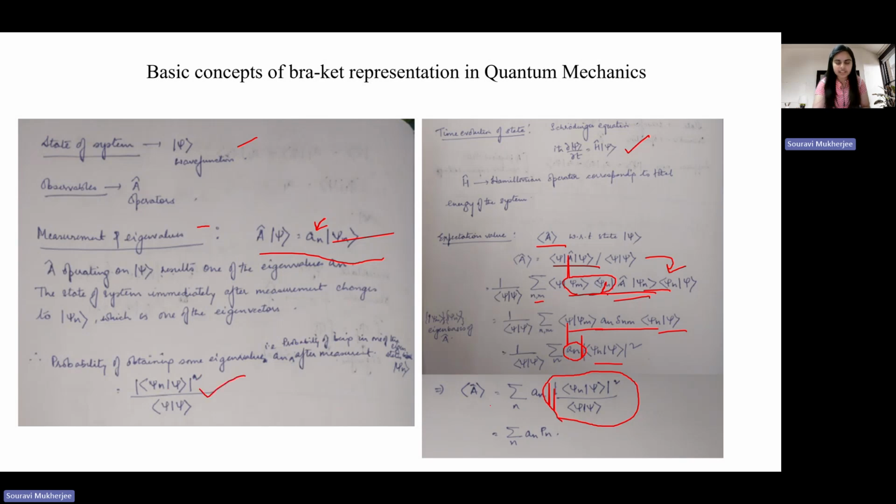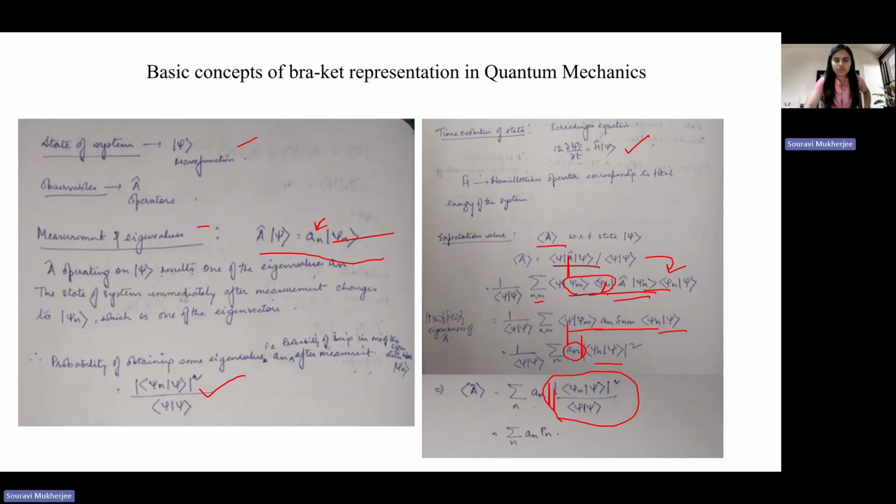So what you see from here is that when you are finding the expectation value, it's actually nothing but the mean. Typically you remember how we calculated mean or average, right? If you have E1, E2, E3, then the mean energy would be given as E1 into the probability of being in state E1 plus E2 into probability of being in state E2 plus E3 into probability of being in state E3, right? The same thing you're doing here.